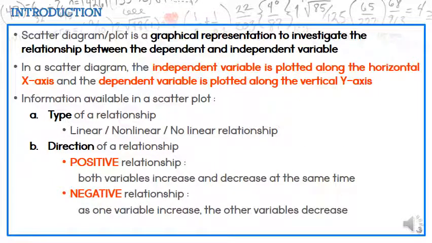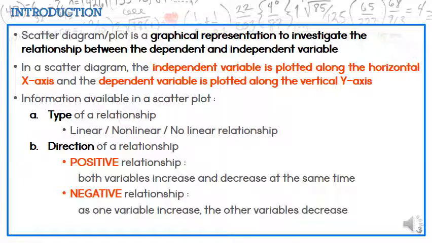Kita akan tengok scatter diagram. So scatter diagram is a graphical representation to investigate the relationship between the dependent and independent variable. Actually, scatter diagram is the easiest way for you to see the relationship between the two variables.